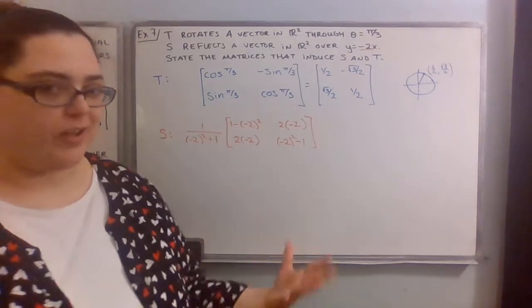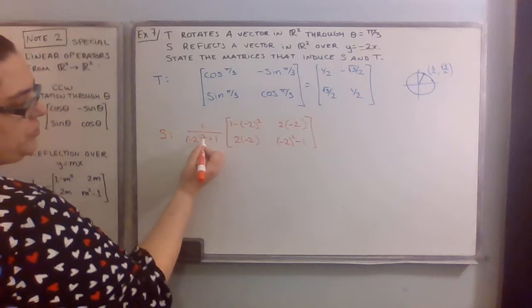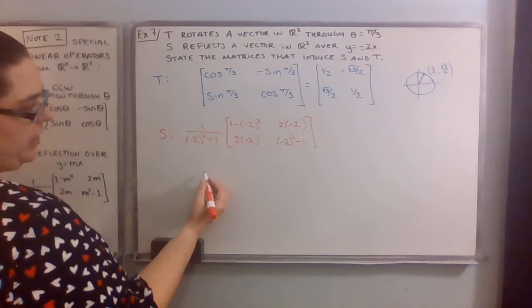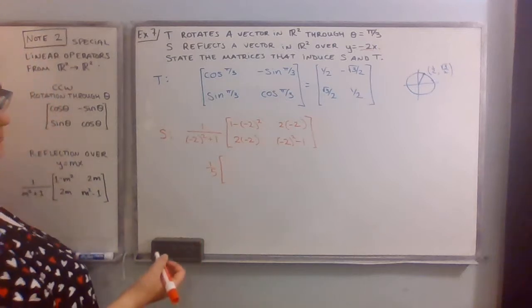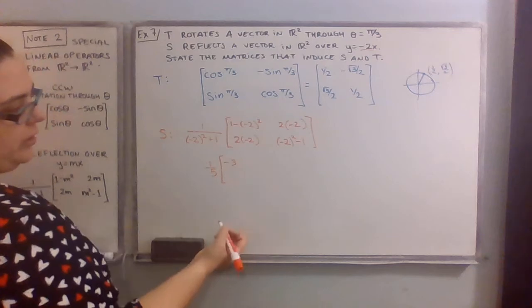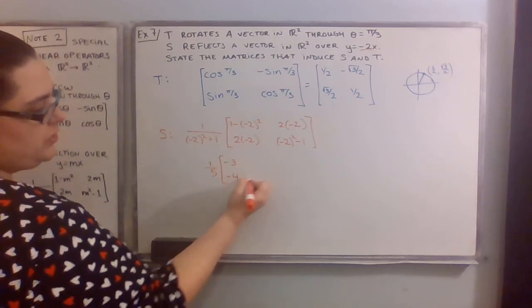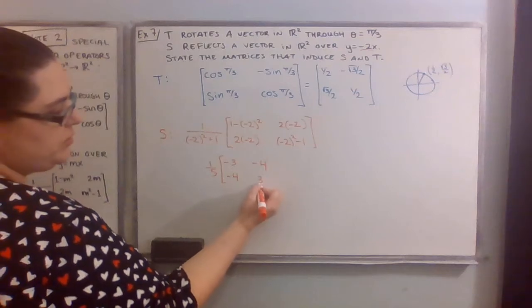All right, let's simplify these a little bit. Negative 2 squared is 4, plus 1 is 5, so we get 1/5 times. We get 1 minus 4, which is negative 3, 2 times negative 2, which is negative 4, and 4 minus 1, which is a positive 3.